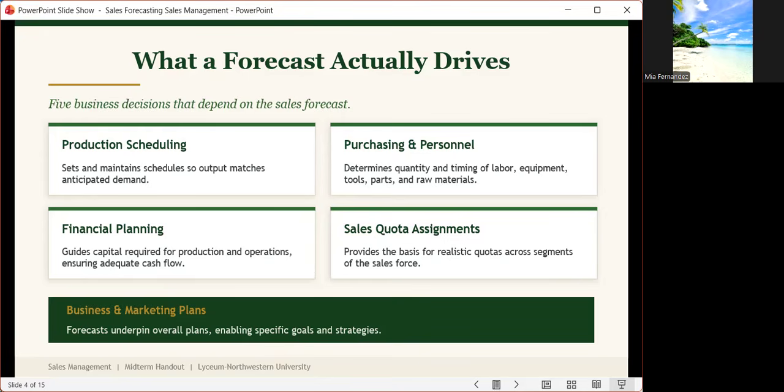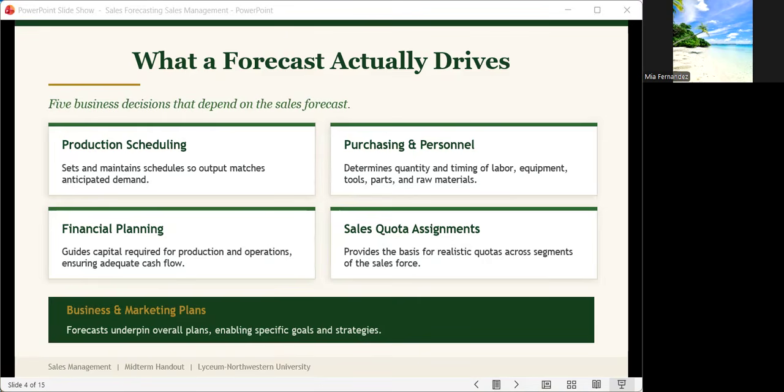Okay. Next one is purchasing and personnel. It determines the quantity and timing of labor, equipment, tools, parts, and raw materials. So in here we will be talking about the employees, the hiring of employees.